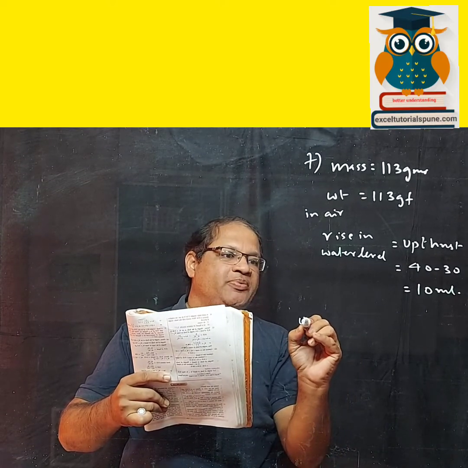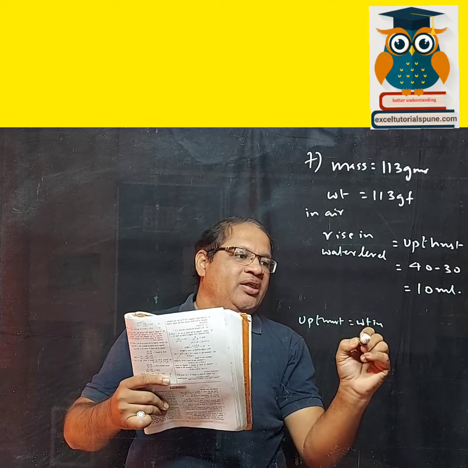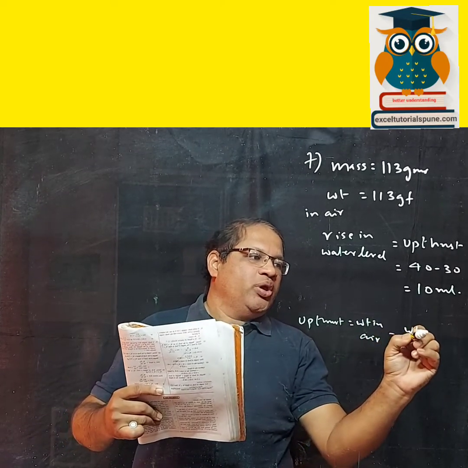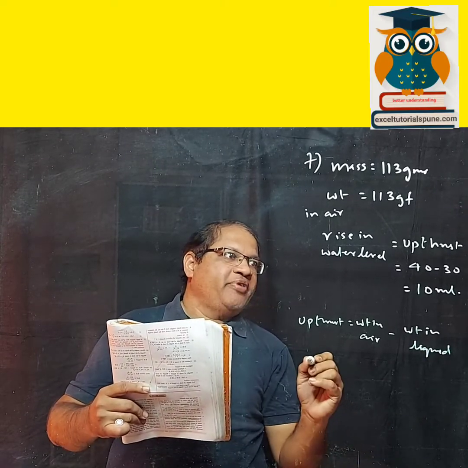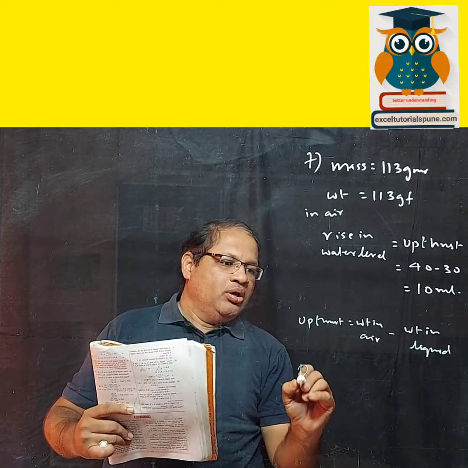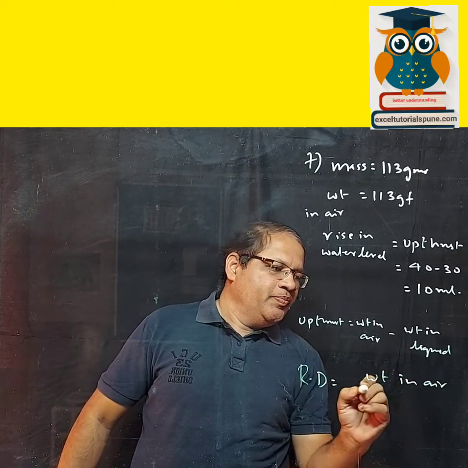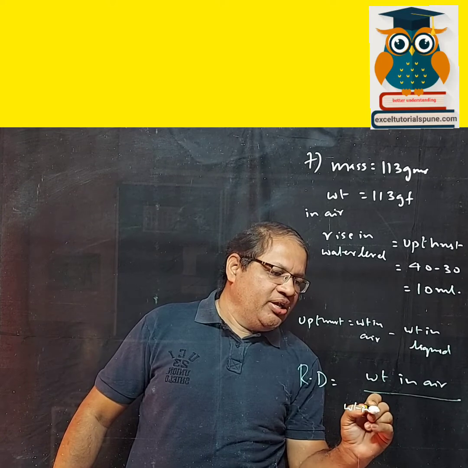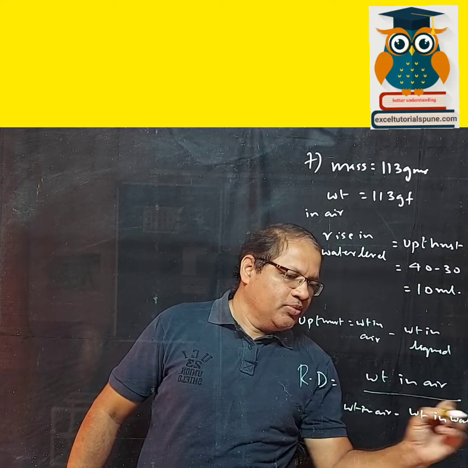Now you know what is upthrust? Weight in air minus weight in liquid. Right? So we find out the relative density now. Relative density is equal to weight in air upon weight in air minus weight in water.